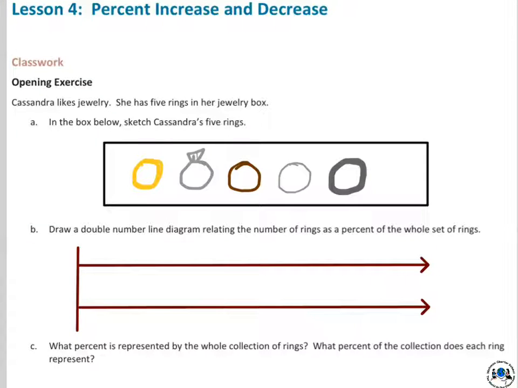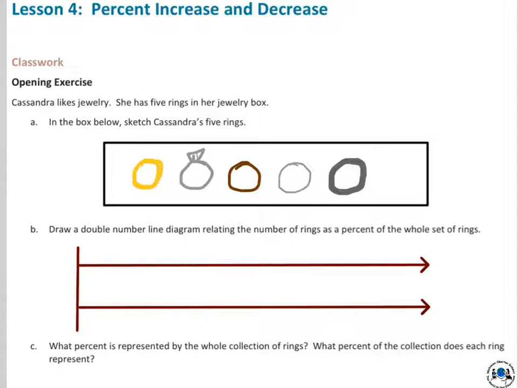I'm doing this because when we talk about percent increase or decrease, we're not going to venture into any negative numbers here. We can put an end over there because we can't have any less than 1 ring. Could have half of a ring, I guess, but for any useful purpose, anything less than 1 ring is not worth much of anything.